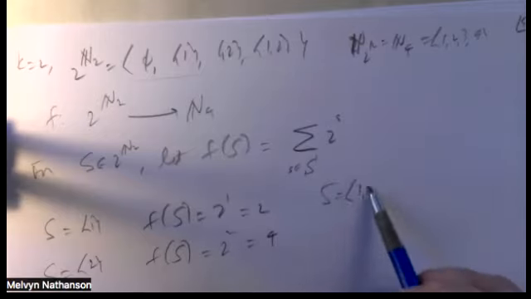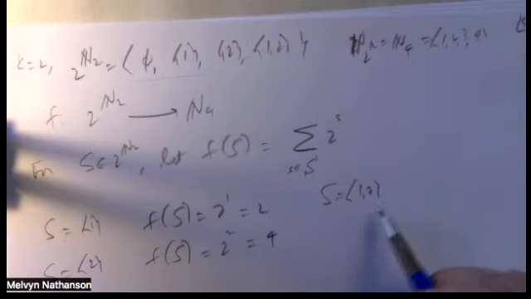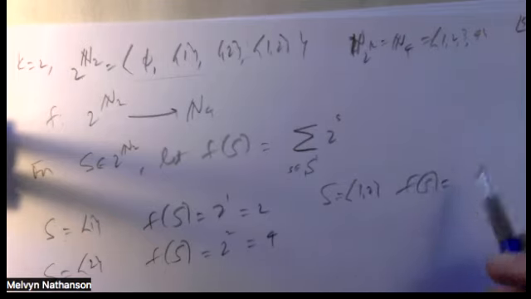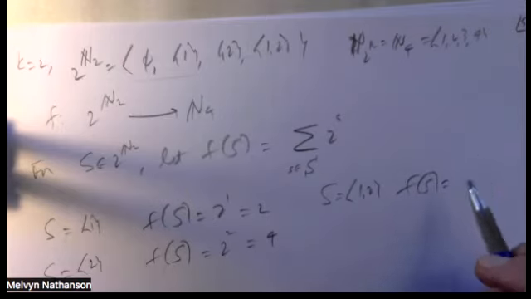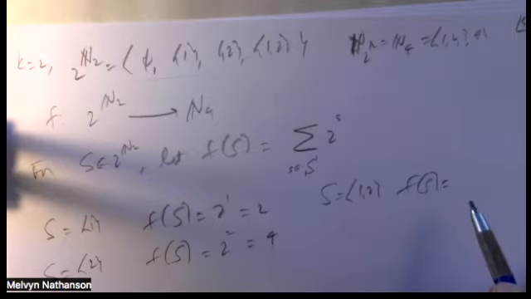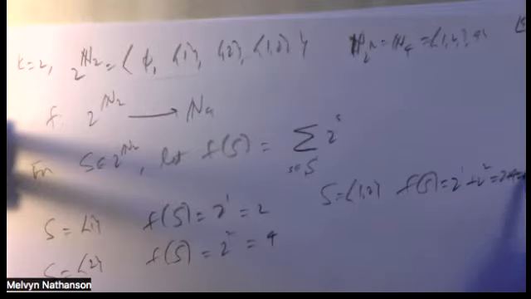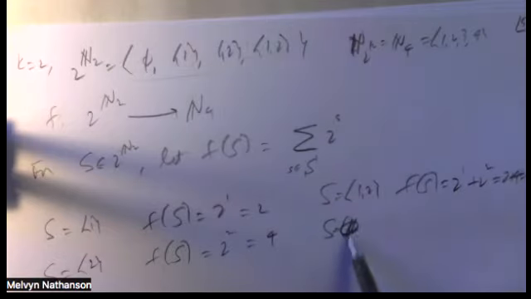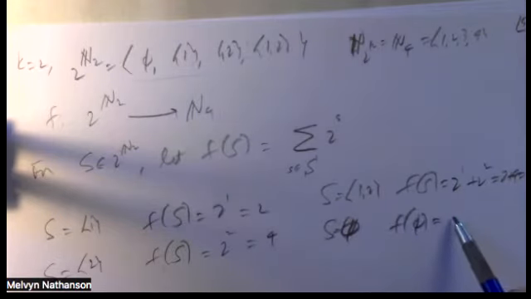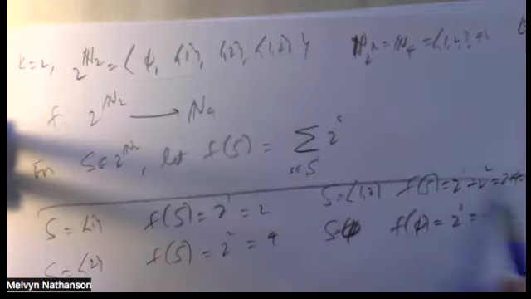If S is the set 1, 2, then f of S is 2 to the first power plus 2 squared, which is 2 plus 4, which is 6. And if S were the empty set, I would just write 0 as 1. So let me not do that.